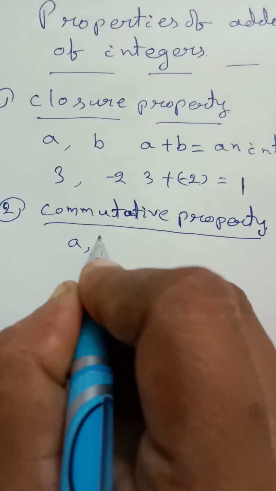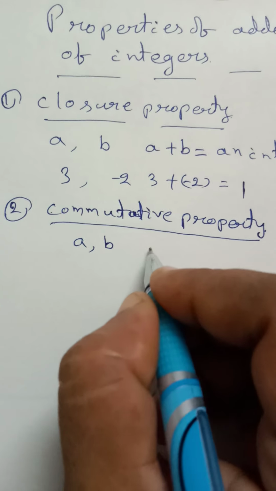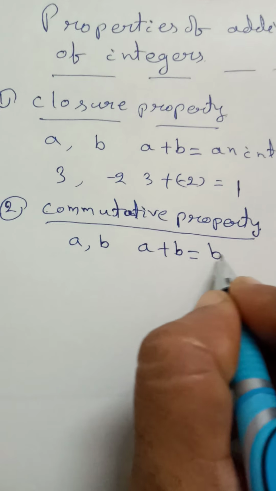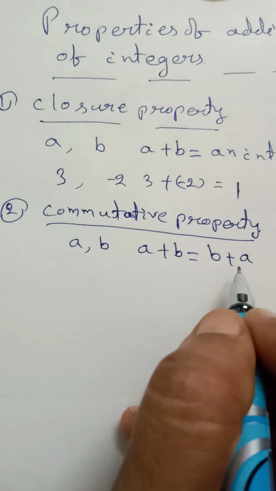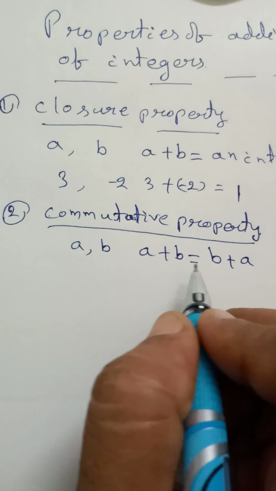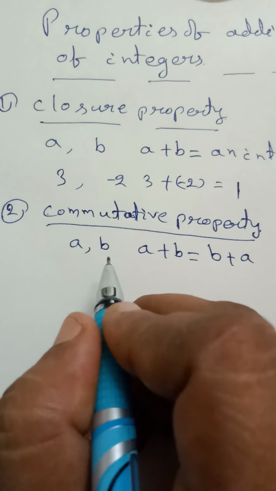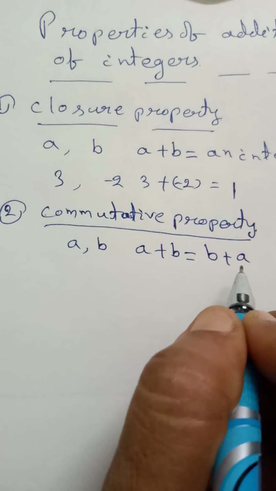If a and b are two integers, then in addition a plus b is equal to b plus a, which means if their order of addition is changed, it does not affect the result.